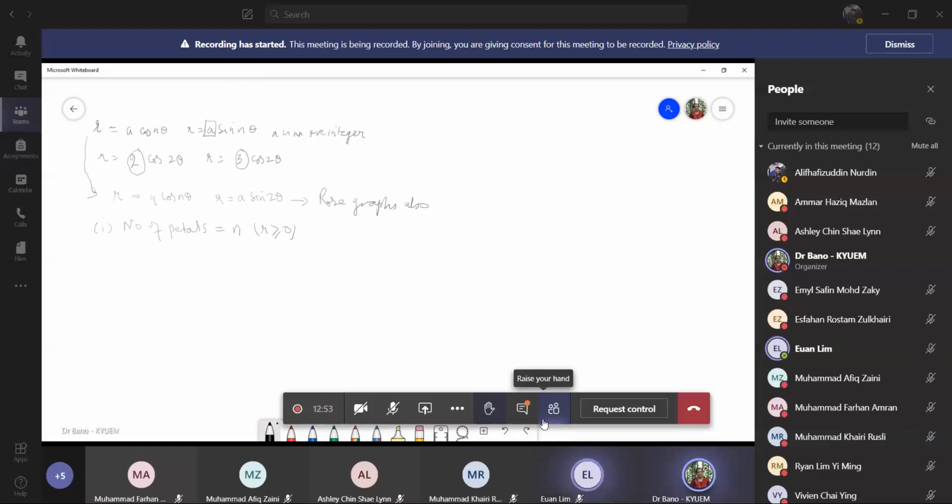So that settles how many petals there should be, and we are not having any confusion with the number of petals. Before we sketch the graph, these are the points that you will write down, and whatever results we get, we are going to sketch the graph depending on that. Okay, now number 2.